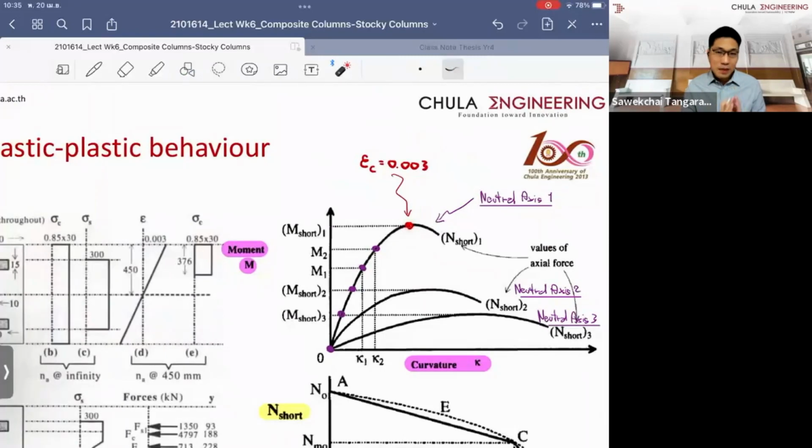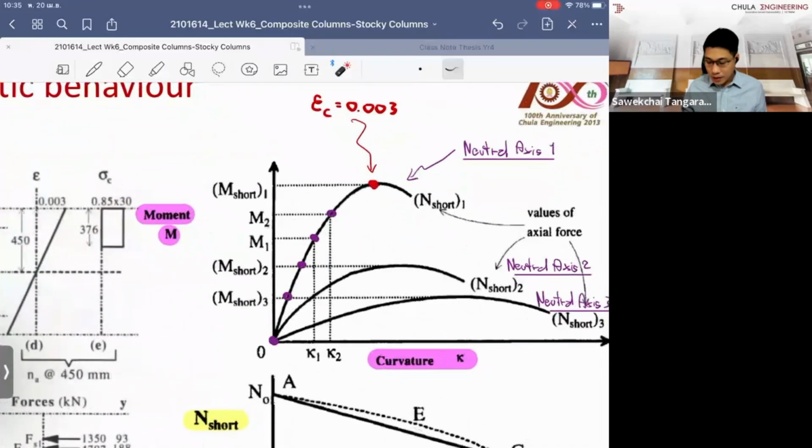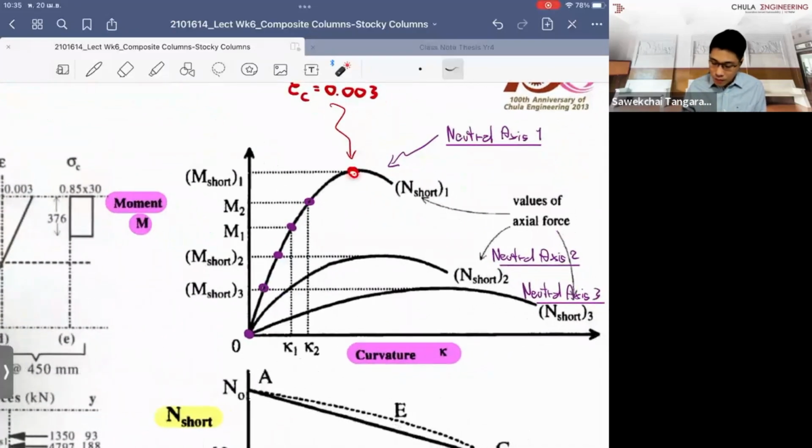When it reaches this level, we obtain the ultimate bending capacity, and of course we can obtain the ultimate value of the axial force as well. So we keep collecting the information.